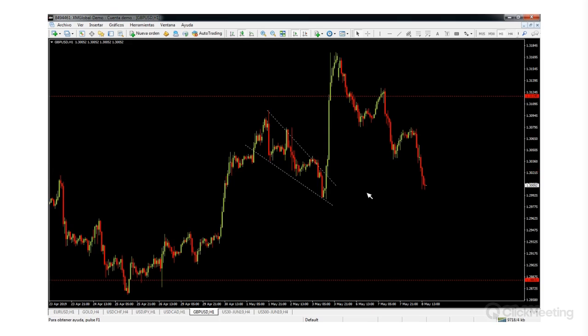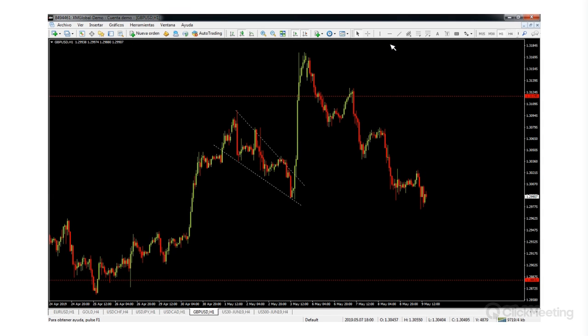Earlier today the GBP USD was at a very interesting point. If you look closely right here, this is where this wedge, this continuation pattern, bottomed before going all the way up here.